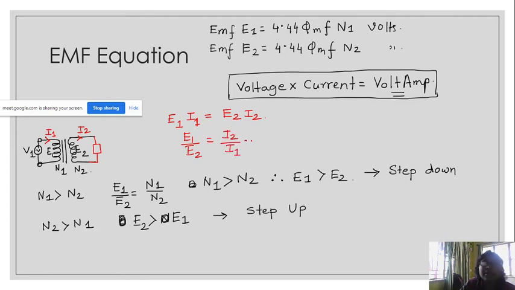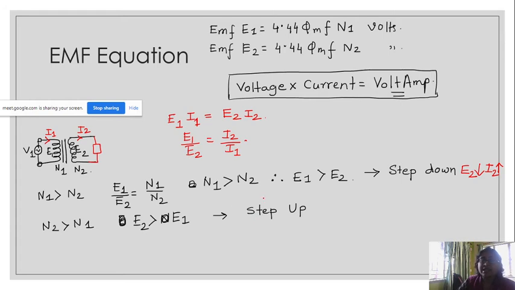So can anyone tell me what is going to happen in a step down transformer in case of current? Very good. In a step down transformer, the voltage drops but the respective current increases.